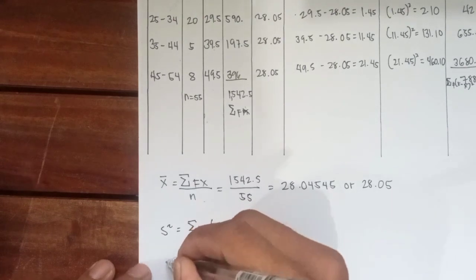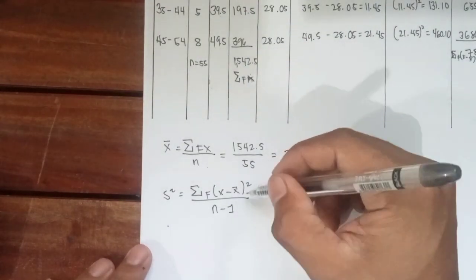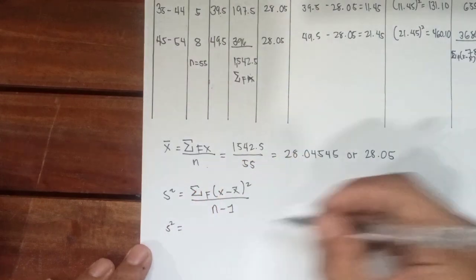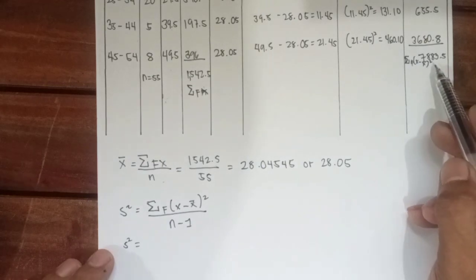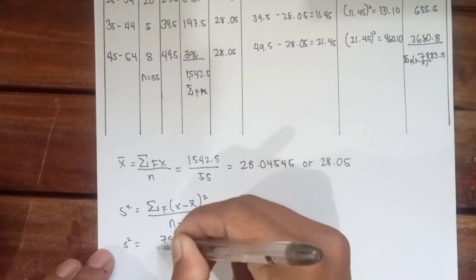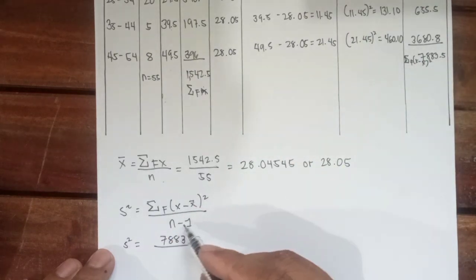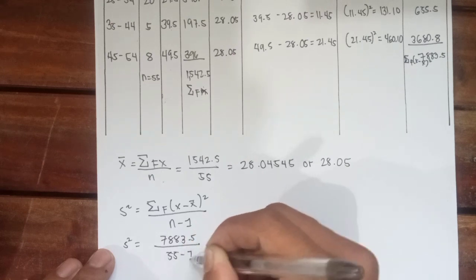Replace the value. So, s squared is equivalent to 7,883.5 over 55 minus 1.